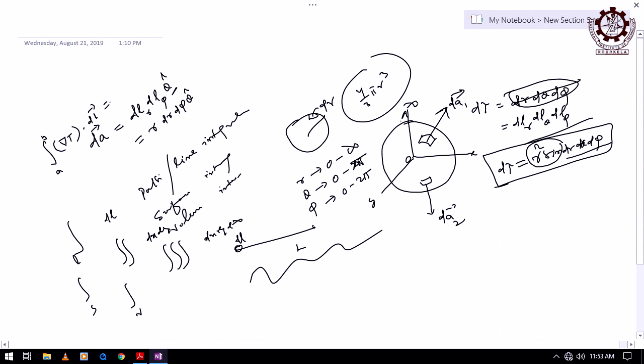Gradient of a scalar function T dot length. That length is really the path across which you will travel. So, gradient of a scalar is a vector, right, and dl is also a vector, dot product of two vectors is a scalar. But when you go for the integration, what is the value of that kind of integration? If it is from a to b, then ultimately you will get T of b minus T of a, right, T of b minus T of a.